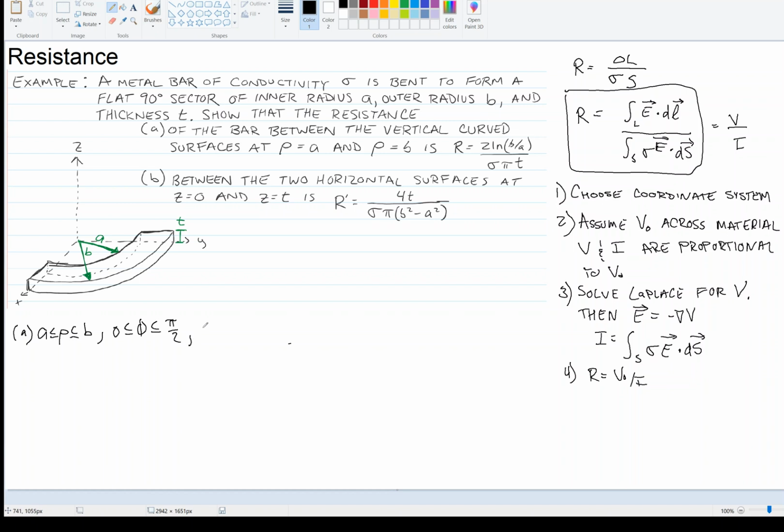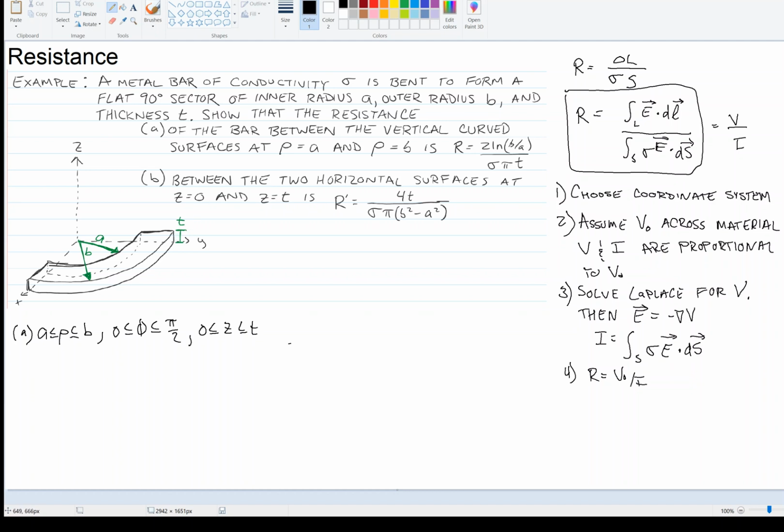And then further, z goes from 0, if it's lying on the xy plane, to t.